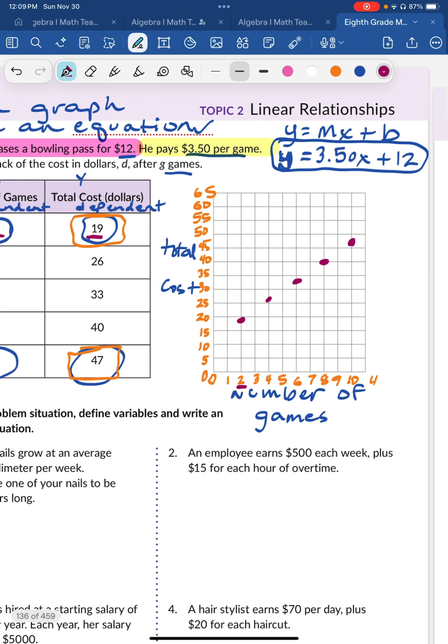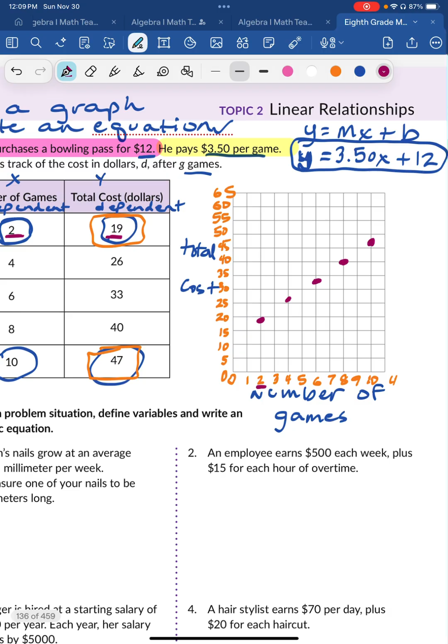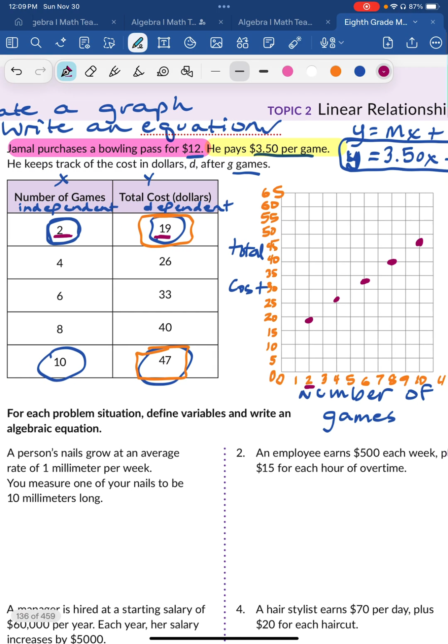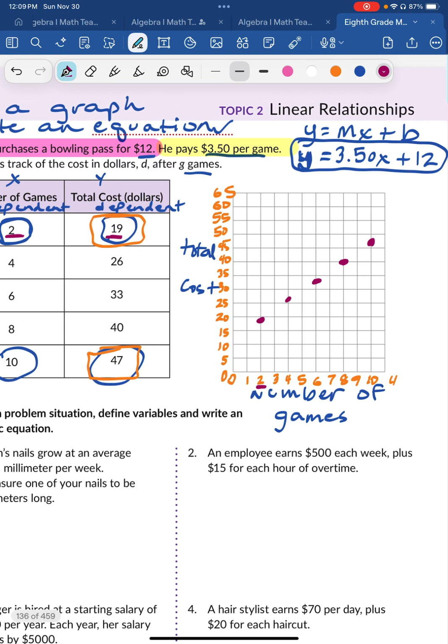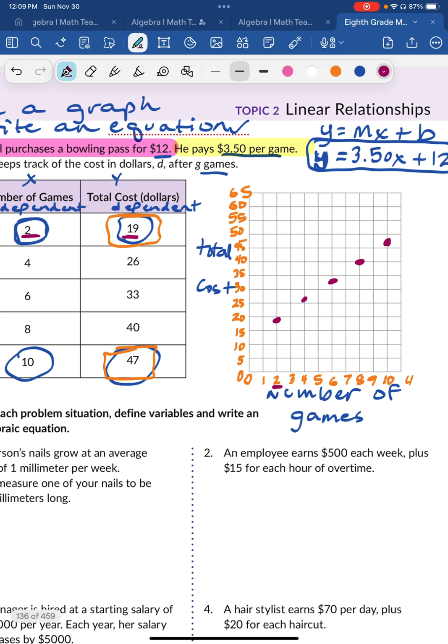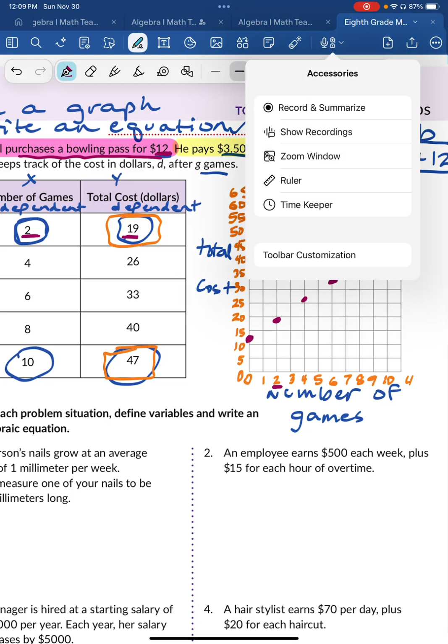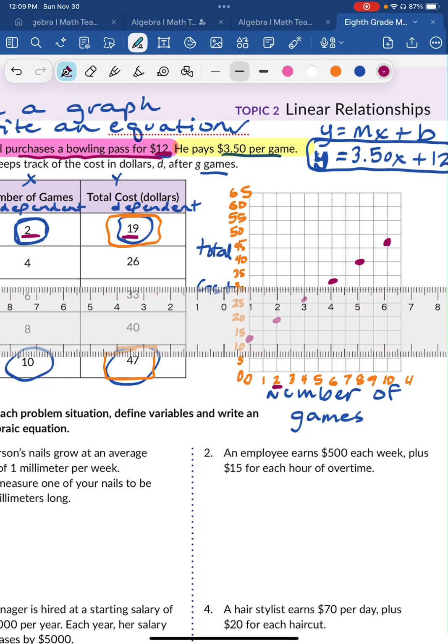Now, where did we start? When we played 0 games, how much money was spent? 0 games. He had paid $12. So we know it's going to cross at (0, 12) because before he even played any games, he had paid $12. And if we put a point at (0, 12) right there, that's right in line with where our line is, isn't it?